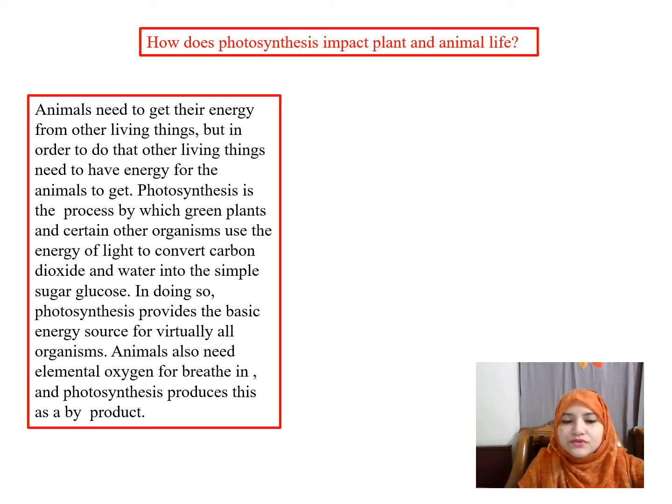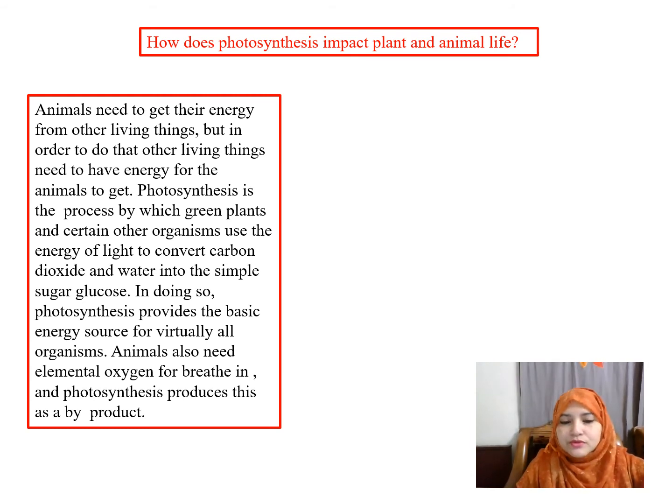In doing so, photosynthesis provides the basic energy source for virtually all organisms. For all organisms, the basic energy source is sugar, glucose, which can be converted into heat energy and energy for all our physiological activities.